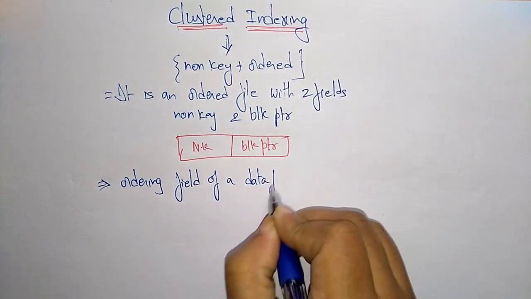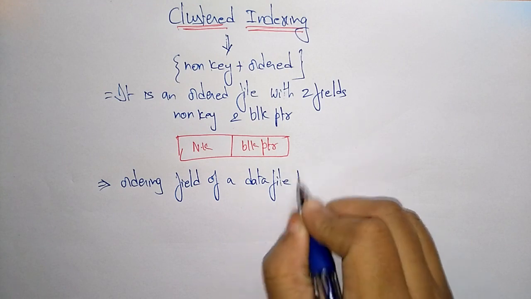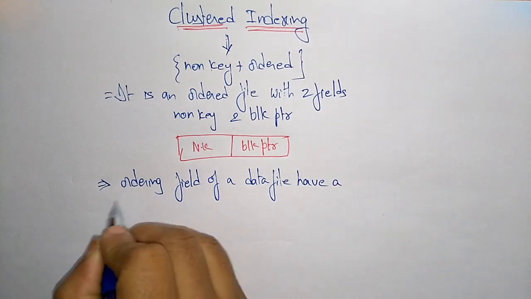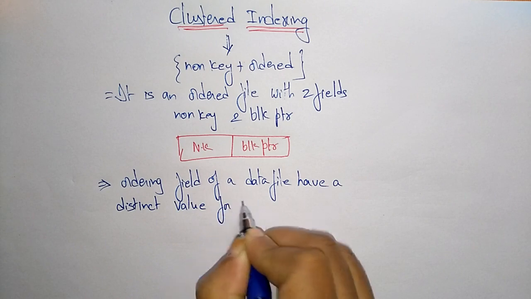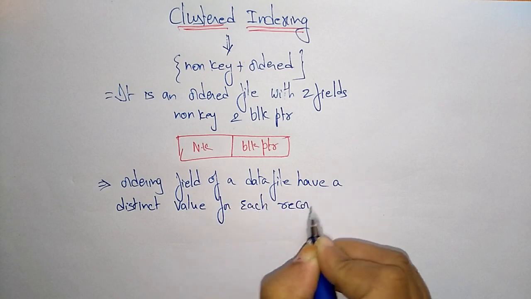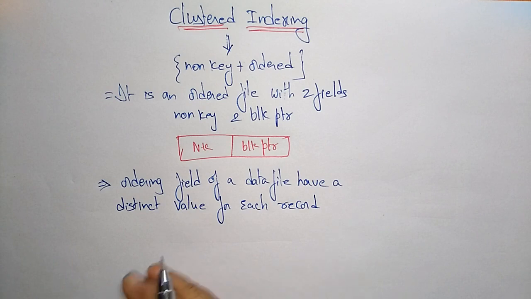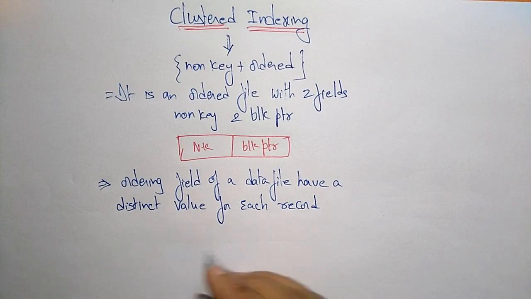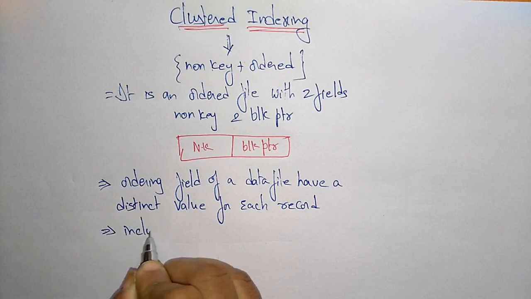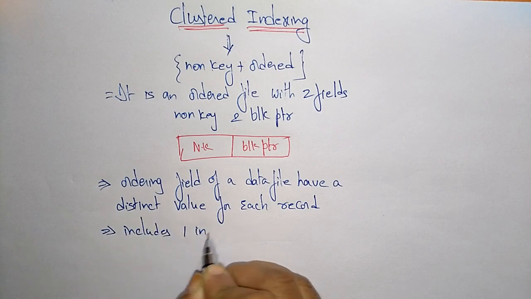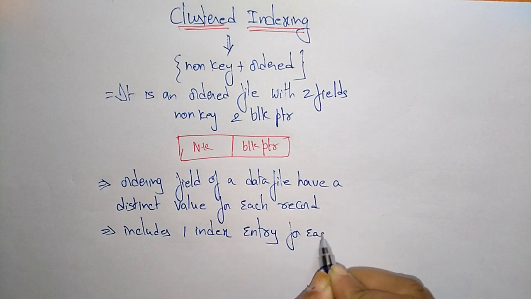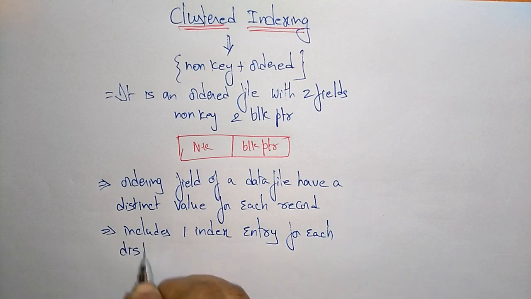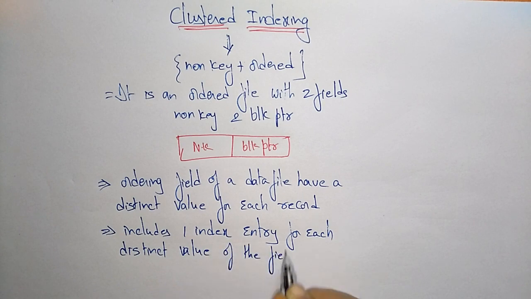Clustered indexing includes one index entry for each distinct value of the field. This point you have to note in the clustered index.